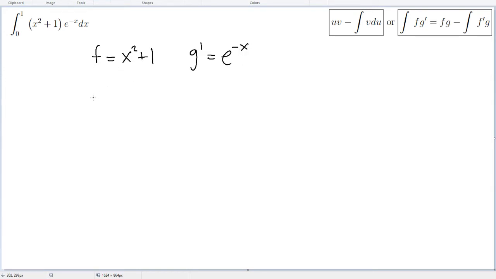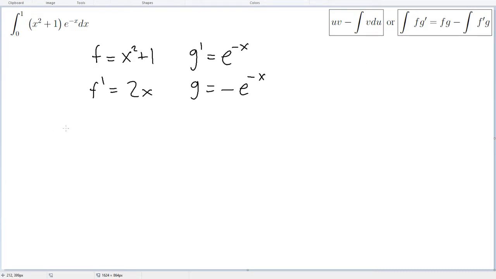So now I derive it. This is just 2x. When I integrate, this is just negative e to the negative x. This negative is like negative 1, like a constant, so when you divide by it, it's just negative. Okay? And so this forms your integral.